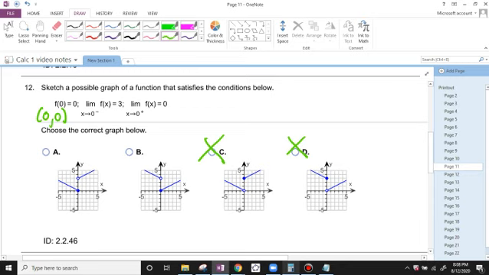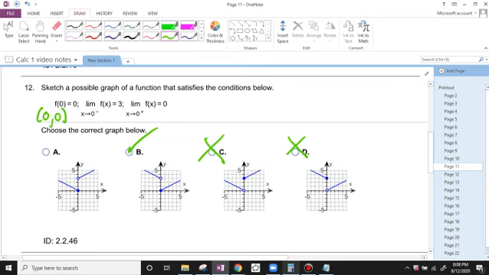All right. So now it's either A or B. So this means that when I get on the graph and move from the left of 0, I need to be going to 3. And when I'm on the graph and I'm moving from the right of 0, I need to be going to 0. That is this one, right?